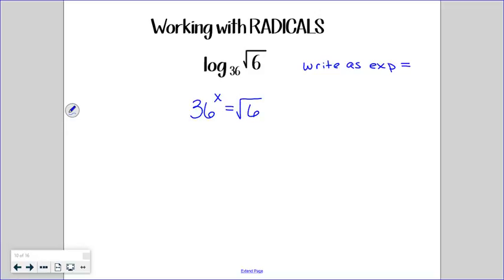Rewrite it as an exponential equation. The next thing I want you to do is change your radical to a fraction exponent. Remembering that square root is 1/2. Then I want you to get them to have the same base on both sides.